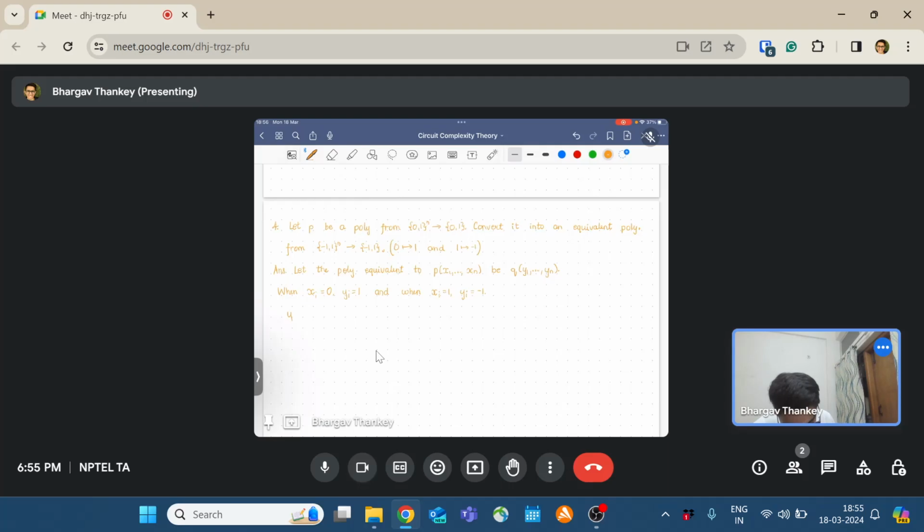You can think of y_i as a Boolean function in x_i, over, let's say, minus 1, 0, 1.